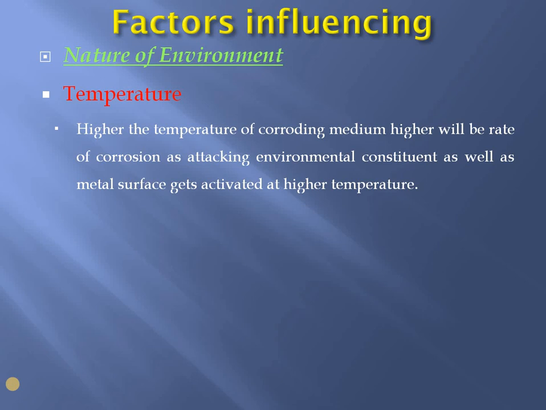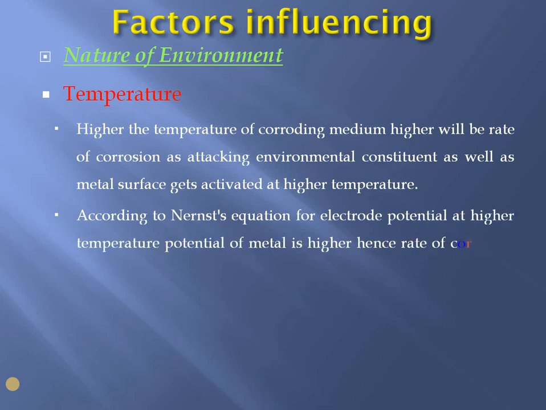High temperature makes the electrolyte more active in nature, and according to the Nernst equation for electrode potential, at higher temperature the potential of the metal is higher, hence the rate of corrosion will be high.